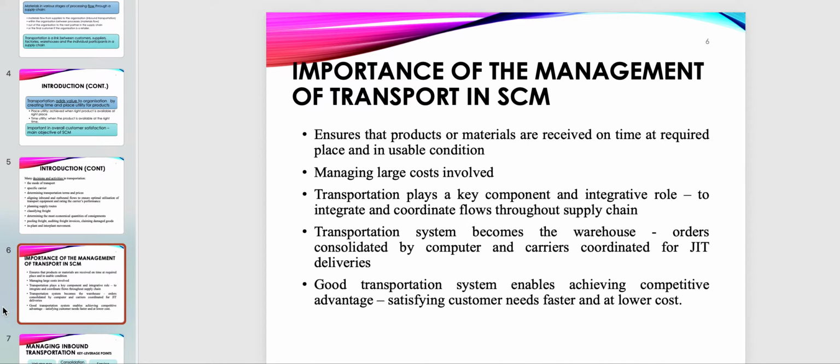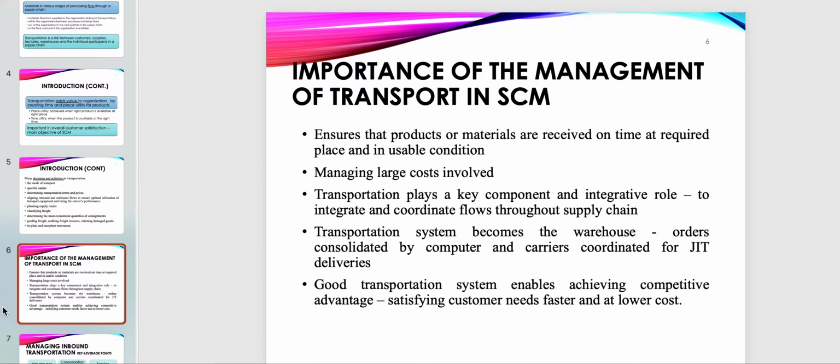Transport costs constitute a significant part of the purchasing cost of companies, so they need to be managed well. Transportation plays a key component and is very integrated in the supply chain, so it coordinates the whole flow of the supply chain as well.